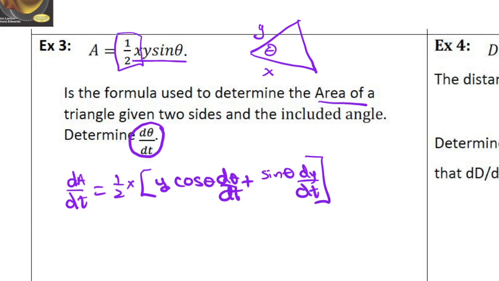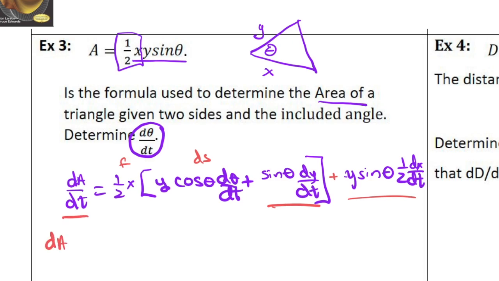All right, so let's recap. This was our first times the derivative of the second. Plus, we'll have the second term, which was y sine theta, times the derivative of the first, which is 1/2 dx/dt. Now, in particular, we were told to find dθ/dt. So we want to move every expression that does not have dθ/dt.